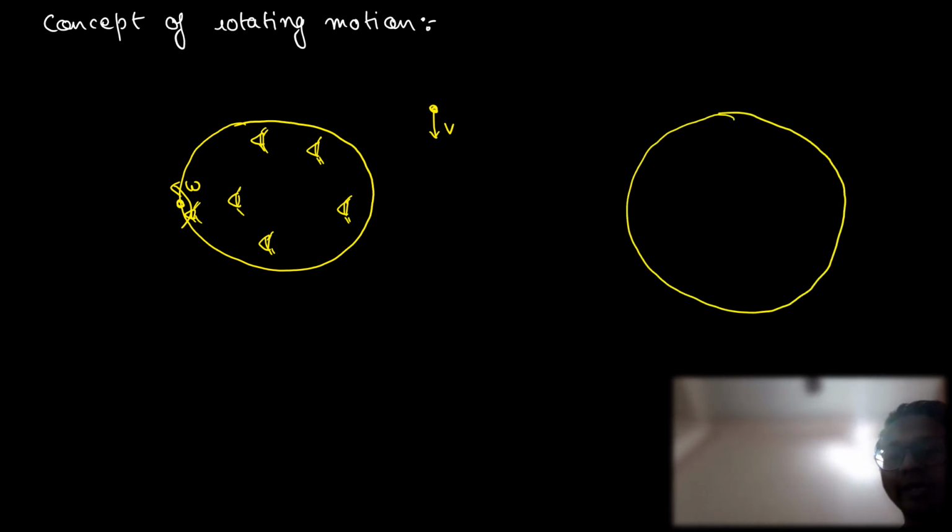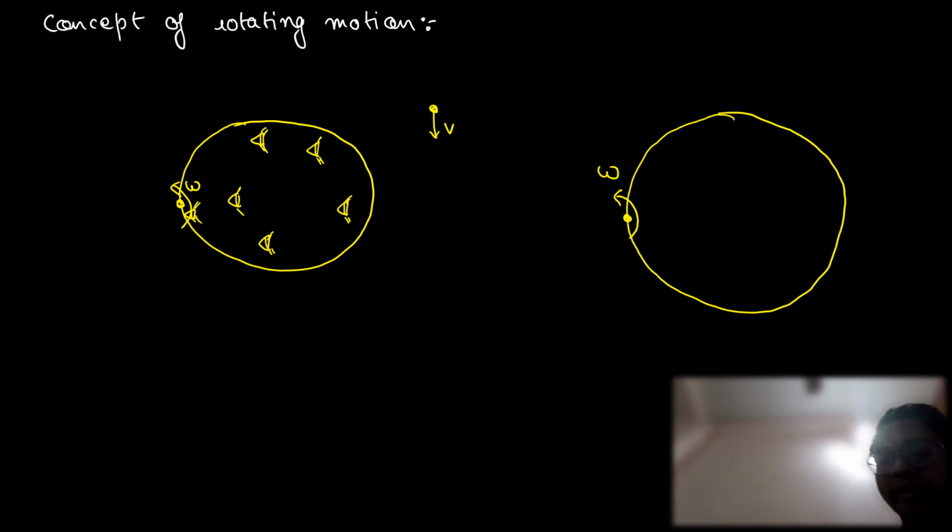suppose it is rotating about any axis, let the axis be out here or out here or out here, anywhere is the axis of rotation. Any two points will rotate with angular velocity omega with respect to each other.